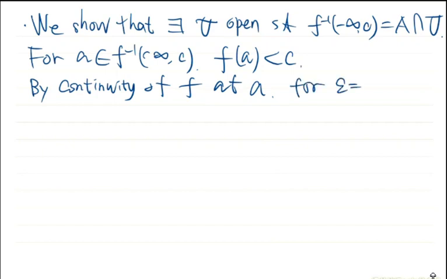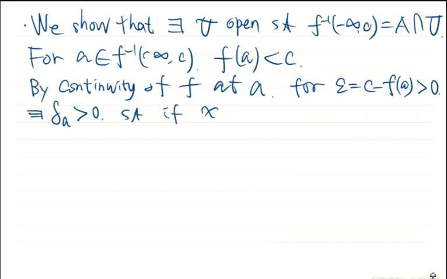This means for epsilon equal to c minus f(a), which is positive, there exists delta. This delta will depend on a, therefore we denote it by delta a, which is positive, such that if x, the distance from x to a is less than delta a, this means x belongs to the delta a neighborhood of a.